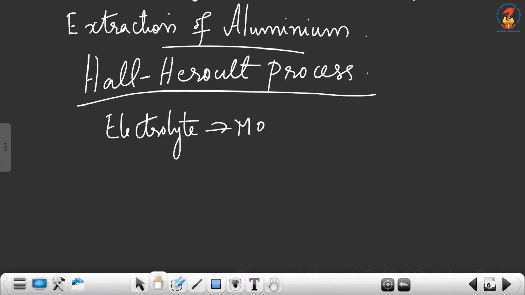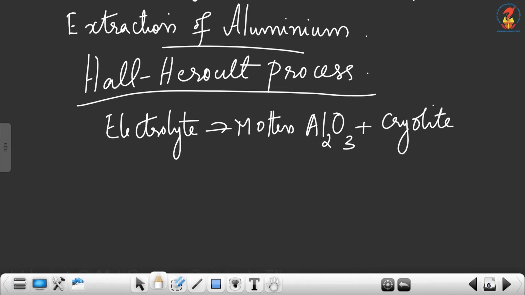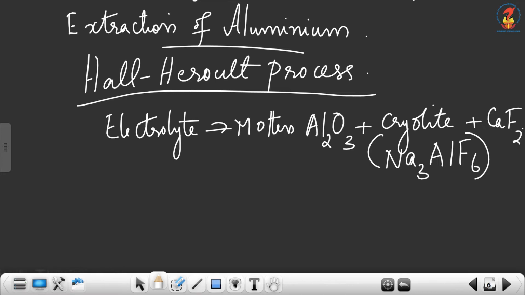That is electrolyte taken here is molten Al2O3 with cryolite, and the formula of cryolite is Na3AlF6 plus calcium fluoride.